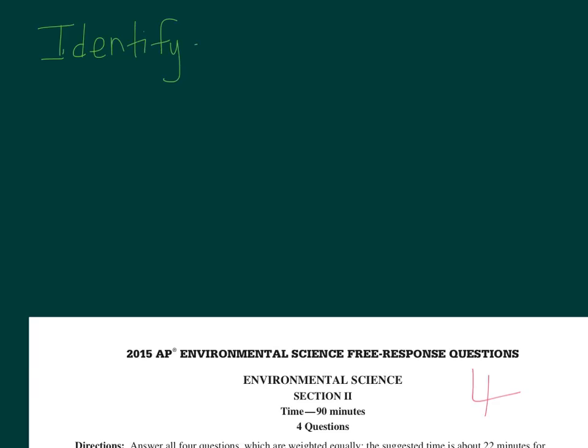If you see identify, and it should be in bold, identify is a short answer. It's more like a vocab word or some short answer without description, but it must have a complete sentence.